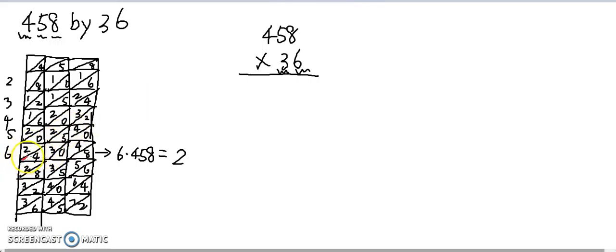But when we look at the next digit, because we have a 4 and a 3, we combine these two to get a 7. And then we combine the next two digits, 0 plus 4, which gives us 4. And we copy the last digit 8. So that gives us 2,748.